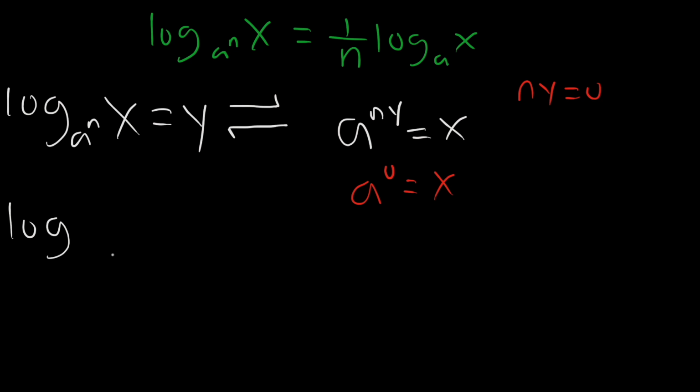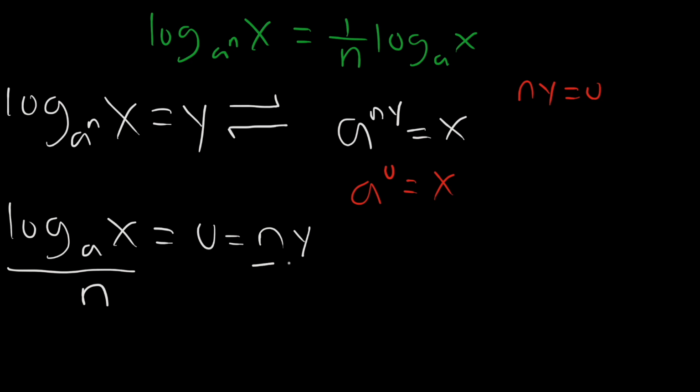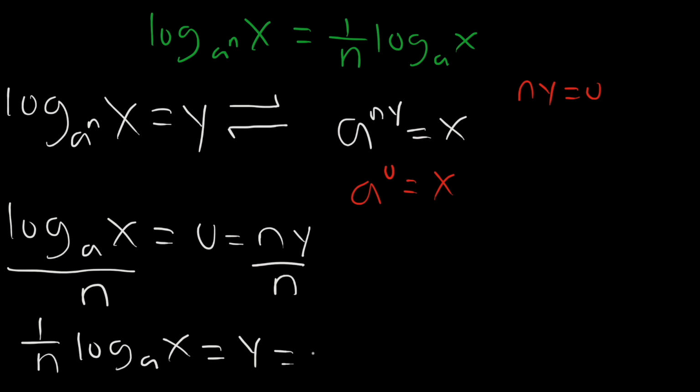So log with the base of a of x is going to be equal to u, which is equal to ny. And then you can divide both sides by n. So 1 over n times log base a of x is going to be equal to y, which is equal to the equation here. Alright, now you have proved this formula here.